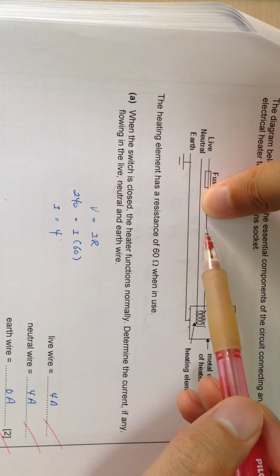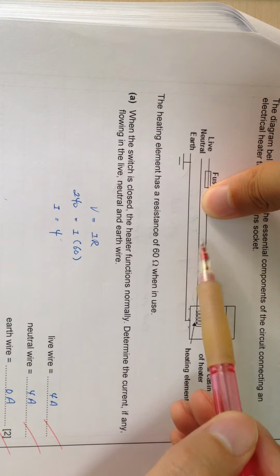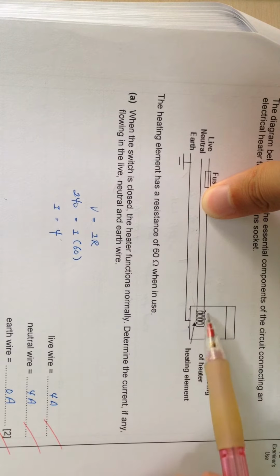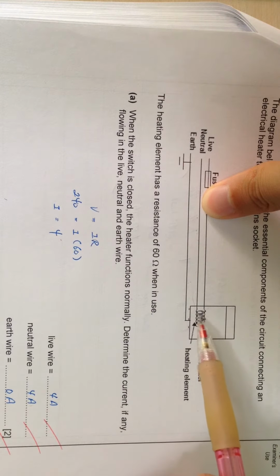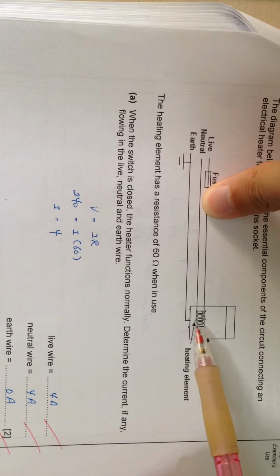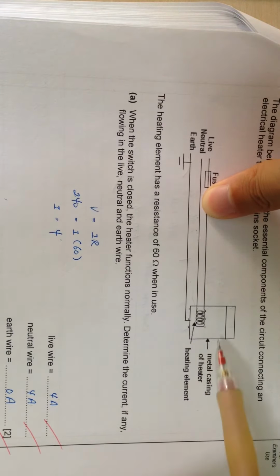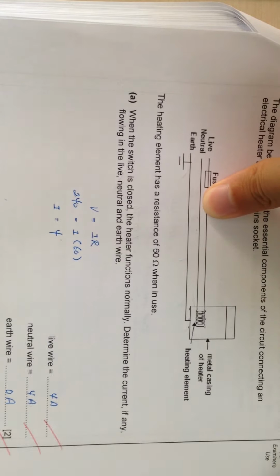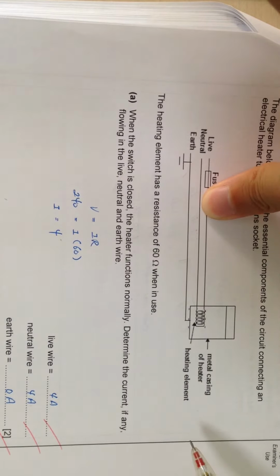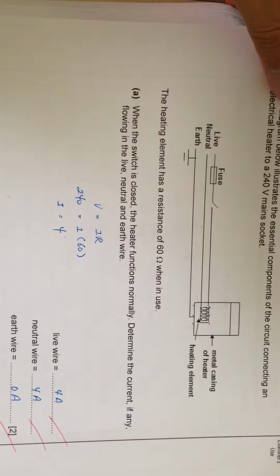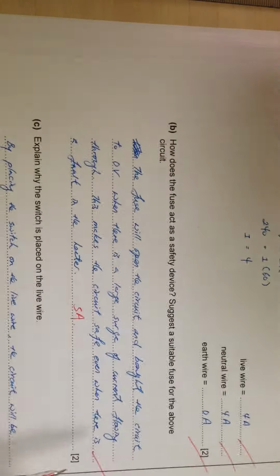The switch is open, but because your circuit is connected to your live wire, the whole circuit will be at 240 volt. So if you are doing any repair and you accidentally touch it, the 240 volt is going to cause a potential difference, and then current will flow through you and it will kill you. Okay, so it is very important that your switch is on the live wire.